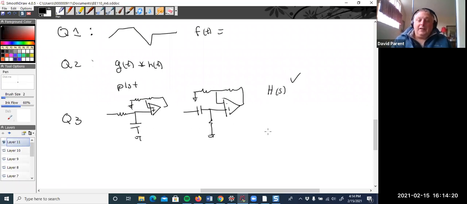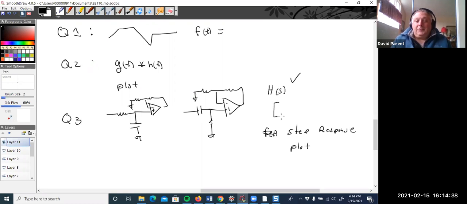Then you have to find the step response, right? Which we did, and plot.